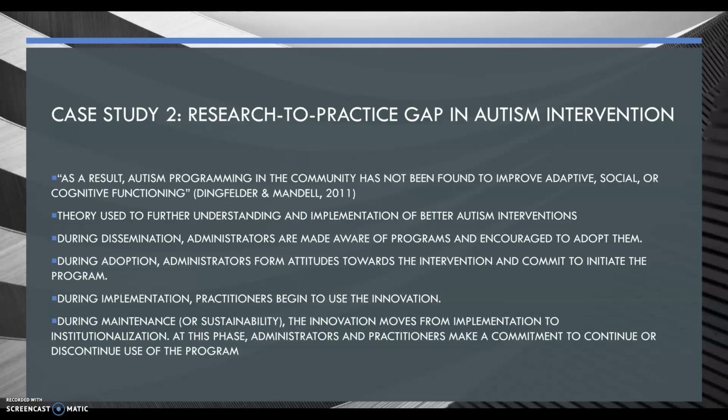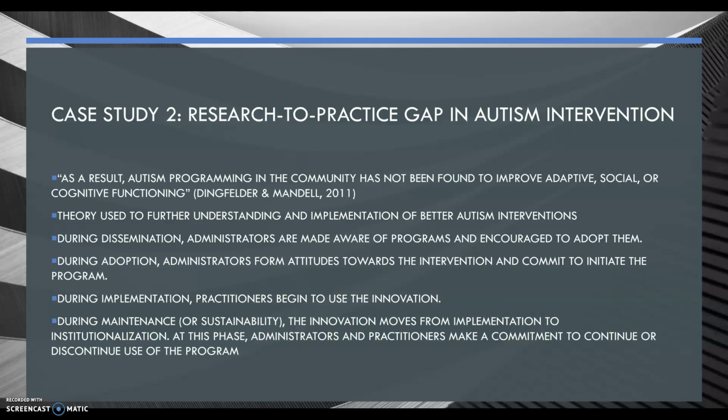During dissemination, the administrators were made aware of programs and encouraged to adopt them. During the adoption phase, administrators formed their attitudes towards the intervention and whether they were willing to commit to initiating the program. In implementation, they began to use the different innovations that they found throughout the program.